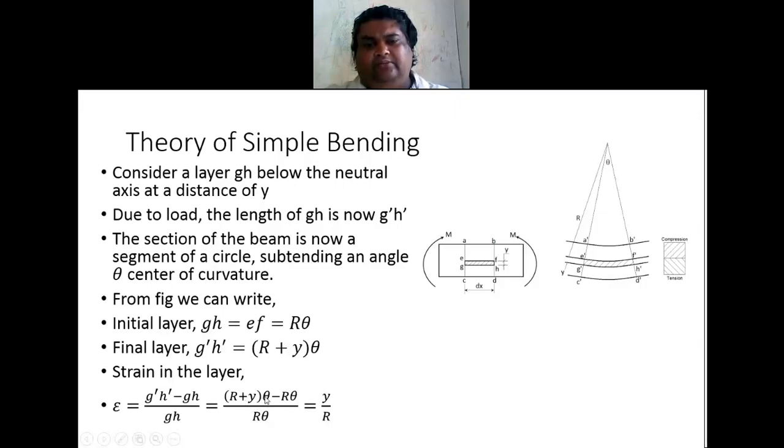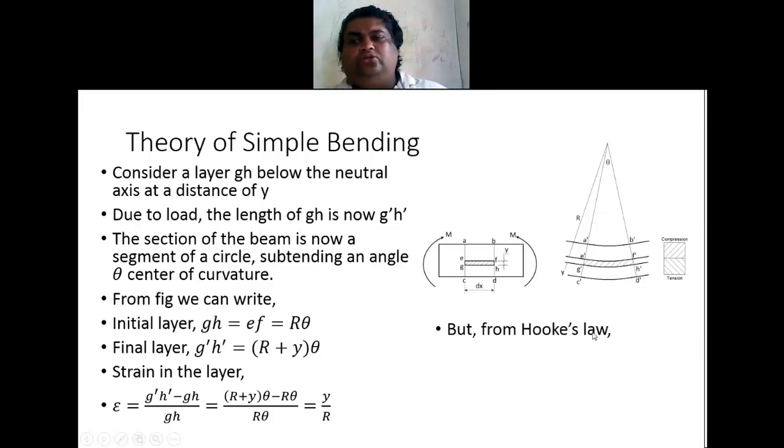Now, if you just take theta inside, this becomes r theta plus y theta. So r theta minus r theta gets cancelled. So you get y theta by r theta, theta gets cancelled. So you get strain as y by r.